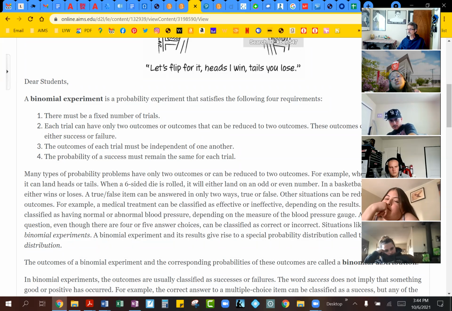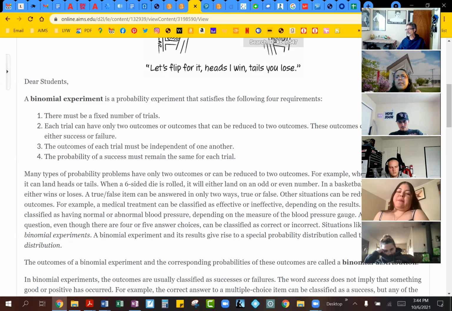no matter how many times we try it. So with the deck of cards, the important part here for number 4 would be you have to make sure you replace the card every time, because if you don't replace it, then your probability is changing, right? And they're saying the probability has to stay the same for each trial. So with the deck of cards, of course, we would have to make sure we put the card back.